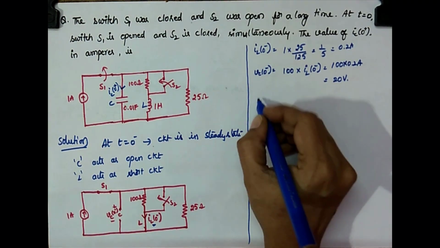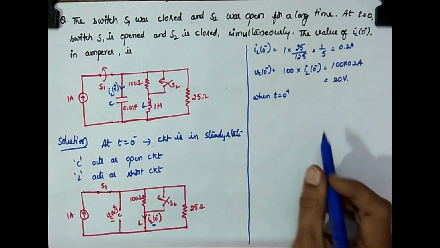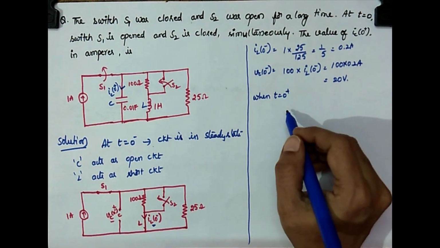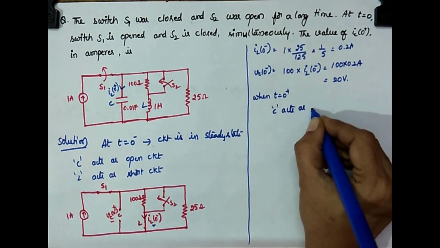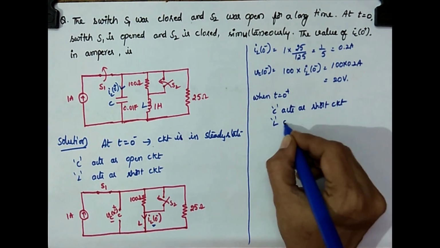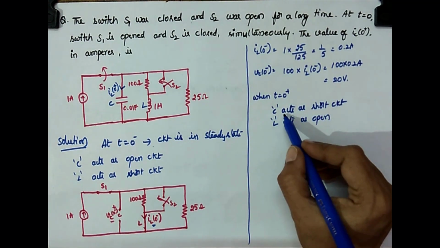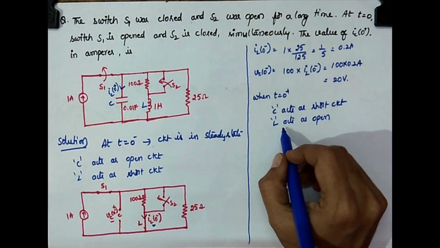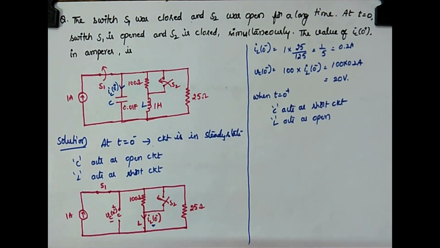Now, at t = 0 plus, S1 is open and S2 is closed, and the capacitor acts as a short circuit and the inductor acts as open. But this short-circuited capacitor has an initial voltage of 20 volts, and this open-circuited inductor has an initial current of 0.2 amperes. That you have to remember.